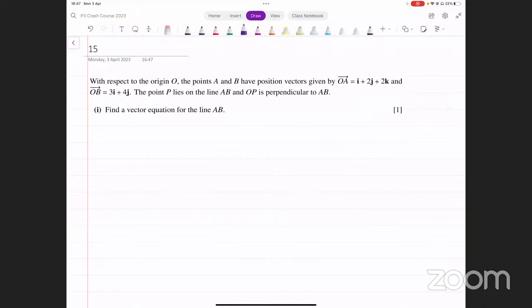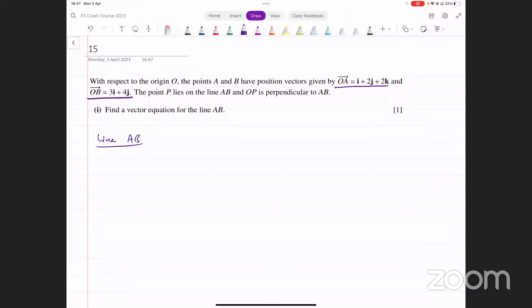Okay, so it says, with respect to the origin O, the points A and B have position vectors OA equal to this and OB equal to this. The point P lies on the line AB and OP is perpendicular to AB. In the first part, it says, find a vector equation of the line AB.